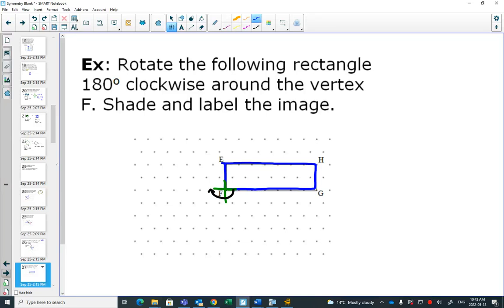So this is 1, 2, 3, 4, 5, 6, 7 away. When I do that, it'll be 1, 2, 3, 4, 5, 6, 7 away this way. This is 2, 2 there. And we can label this. This was G. This is now G prime. This is E prime. And this is H prime. And of course, since we rotated around F, F would stay the same.